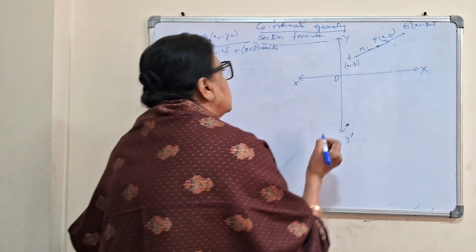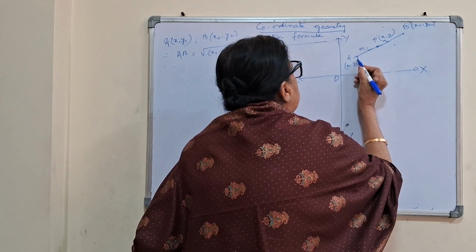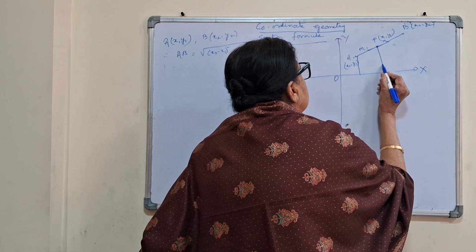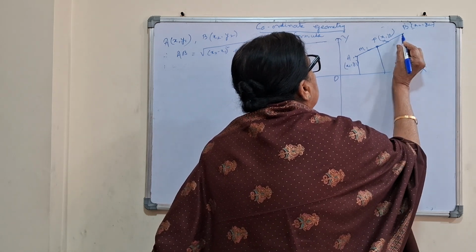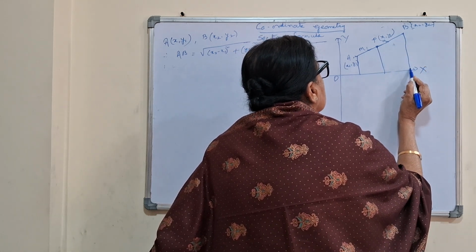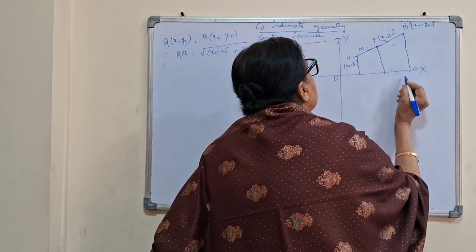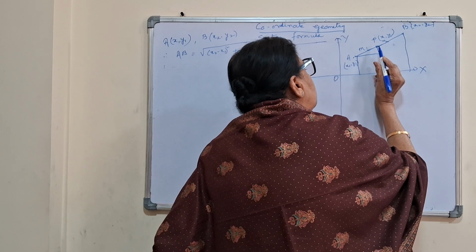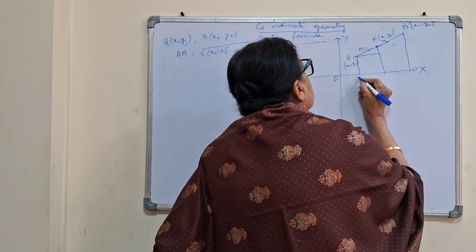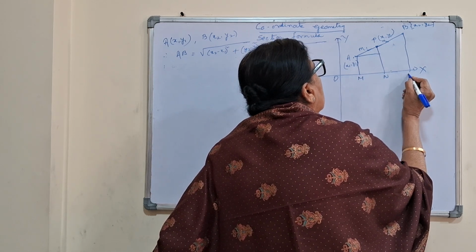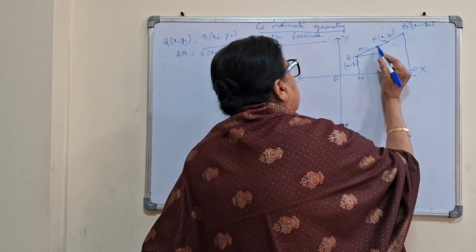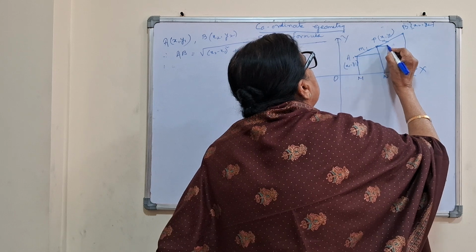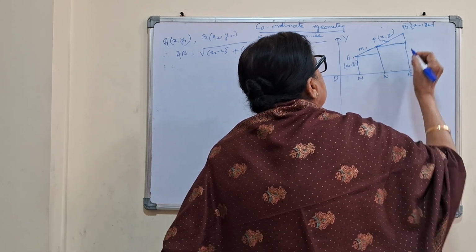Now we draw perpendiculars from A, from P, and from B to the x-axis.